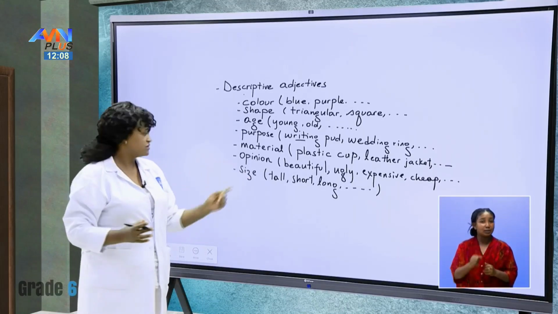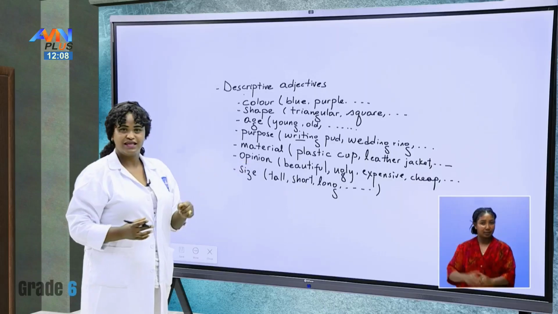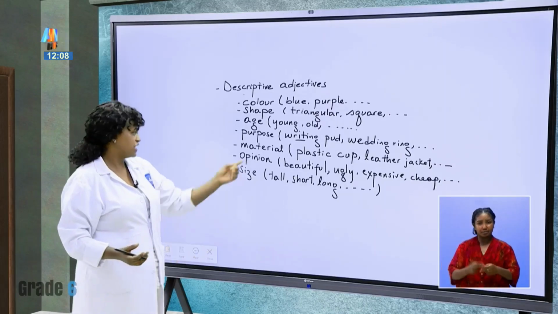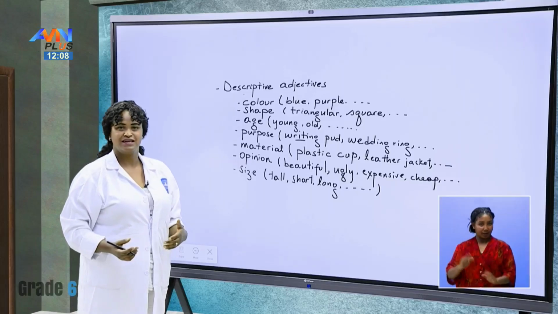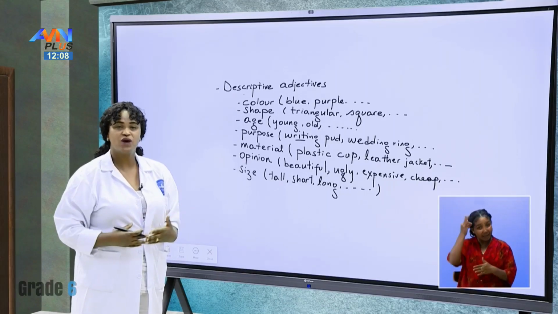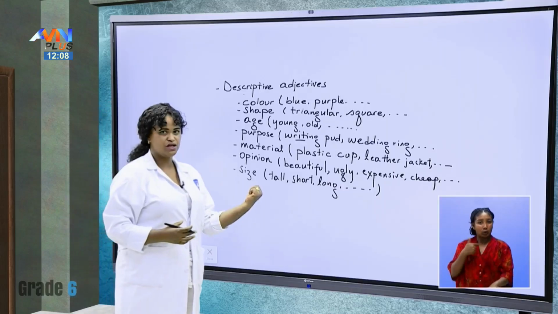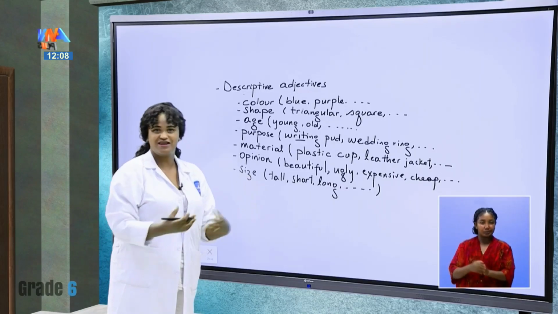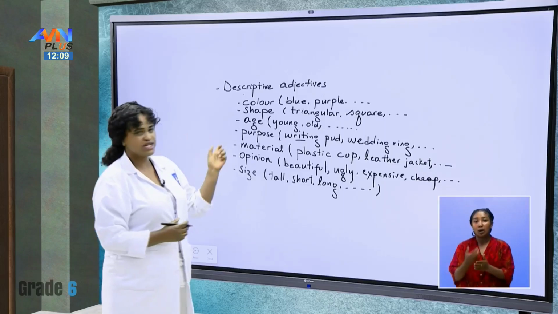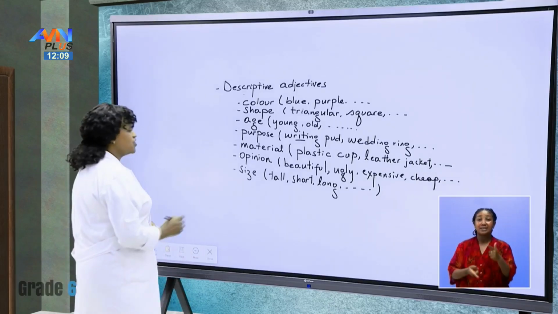She is smart, that's opinion, yes? When I talked about the clothes, I said pretty clothes, that's also opinion, right? And when I talked about the hair, I said what? Long, size, long hair, curly hair. You see? These are all what? Adjectives.